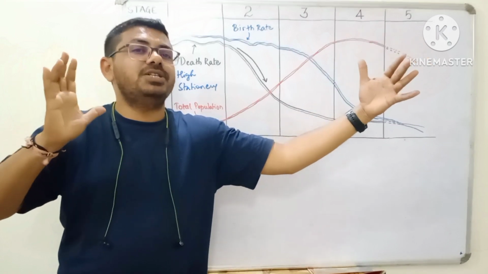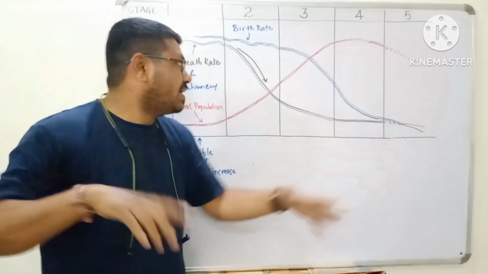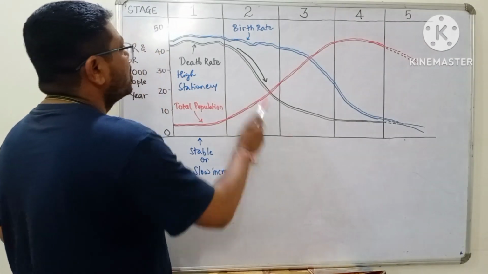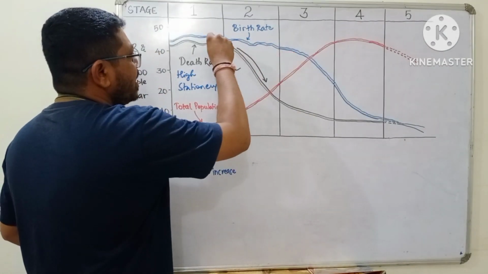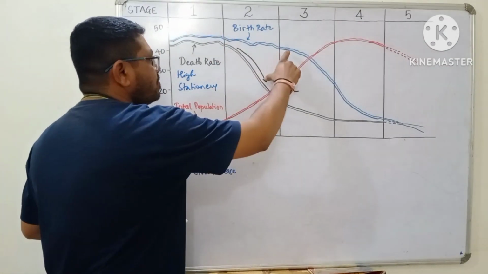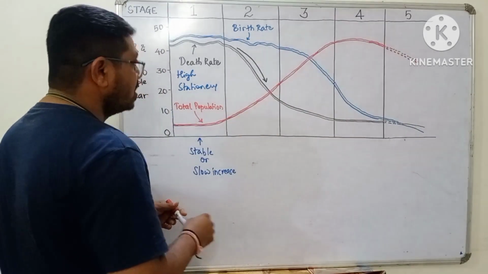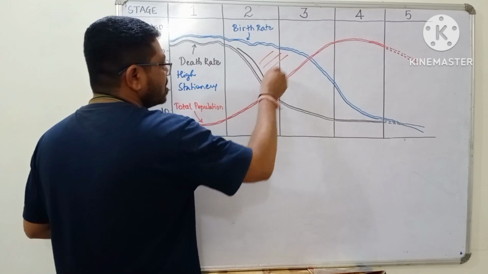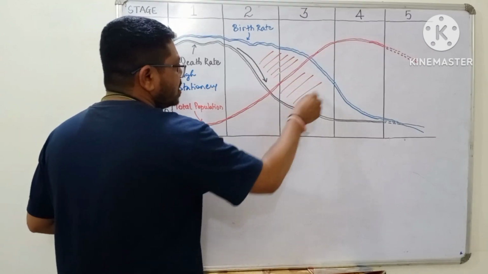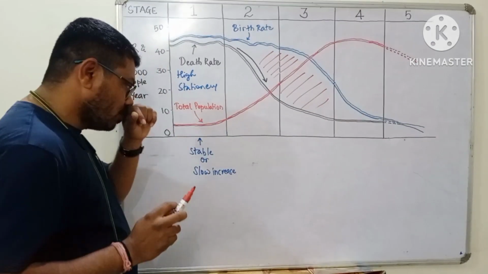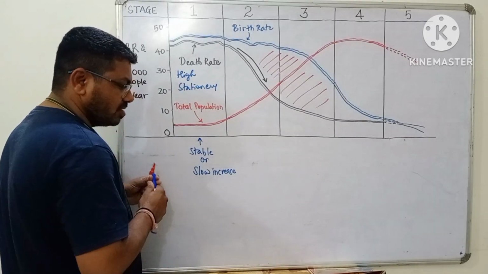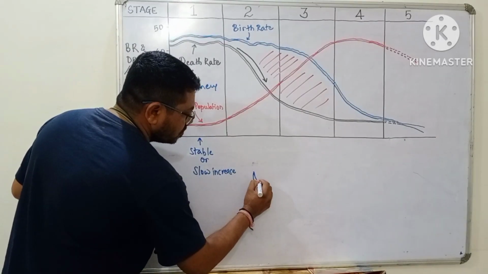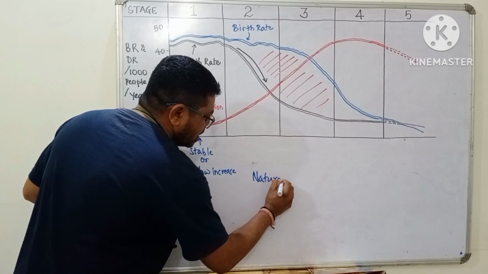So total population has increased, and that you can see over here that birth rate is high, death rate has started falling. So the gap which you see over here is actually called the natural increase. What is natural increase in population?